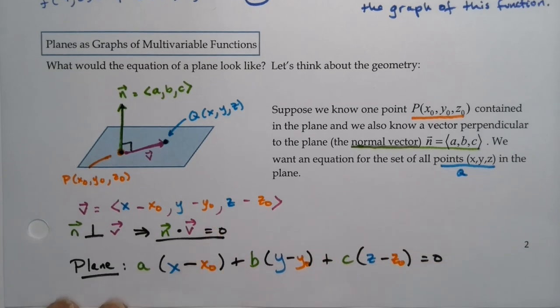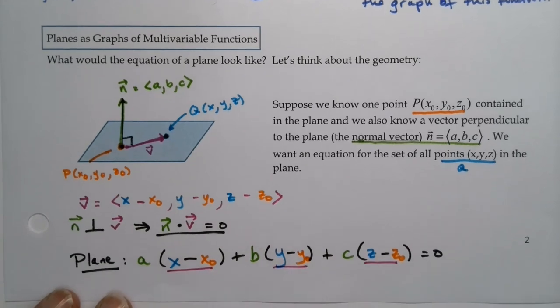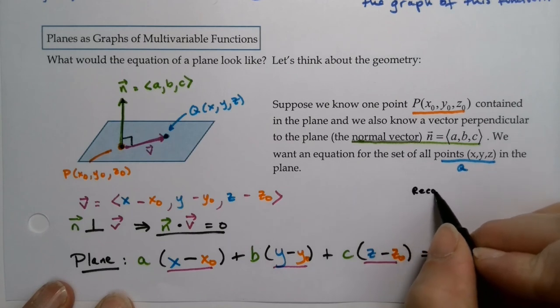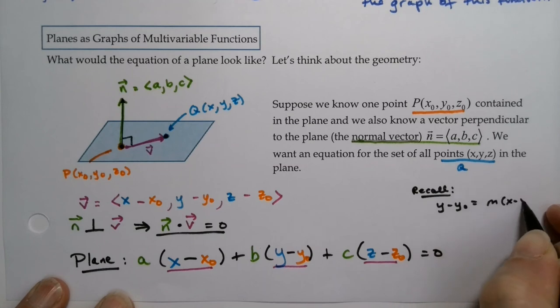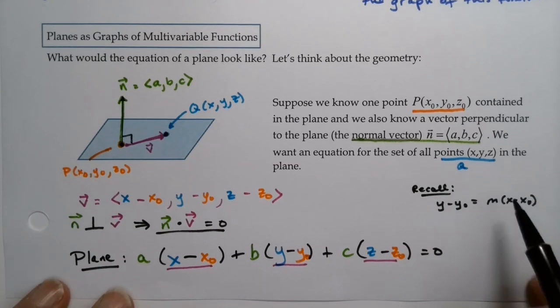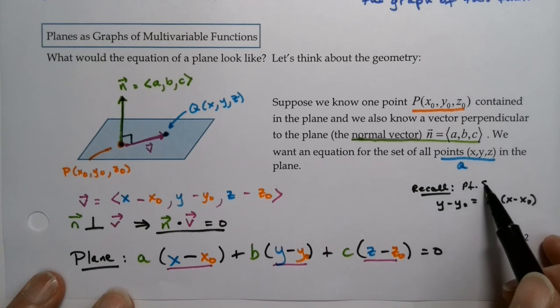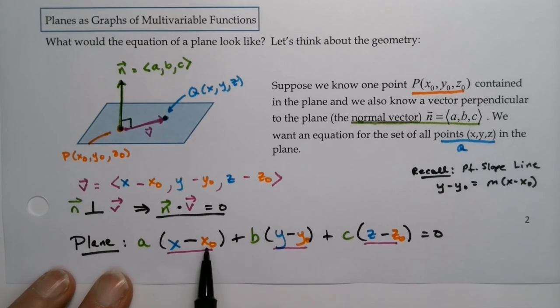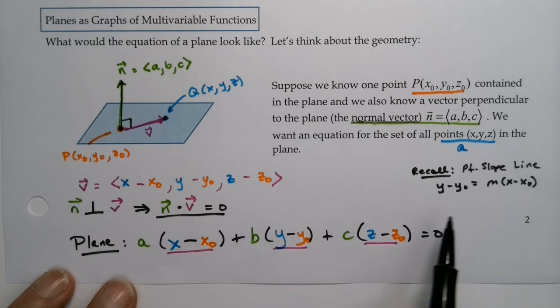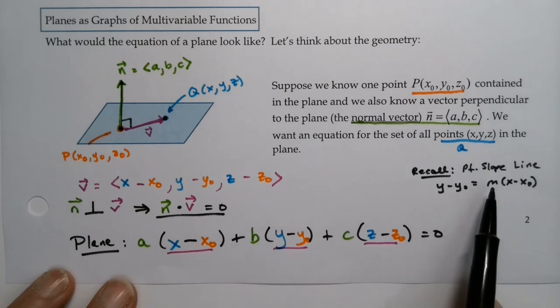So these pieces are the direction vector. It's very similar in many respects to the point-slope form of an equation of a line, expanded. If you remember, point-slope form was y minus y0 equals m times x minus x0. That's how we had point-slope for a line. If you look, this is very similar. We have our y minus y0, we have our x minus x0. We just have another component, z minus z0, and then we broke the m apart into its component pieces.